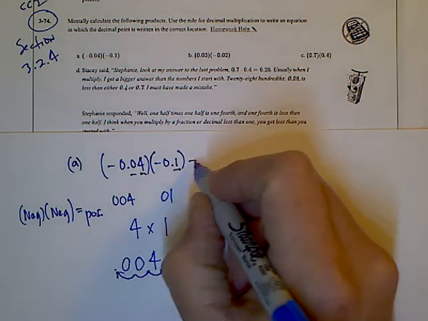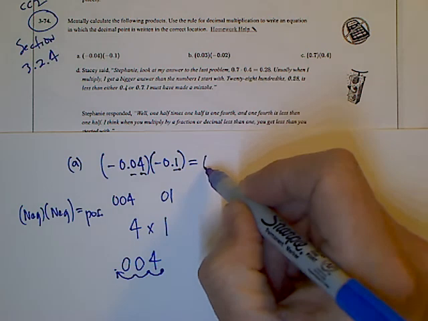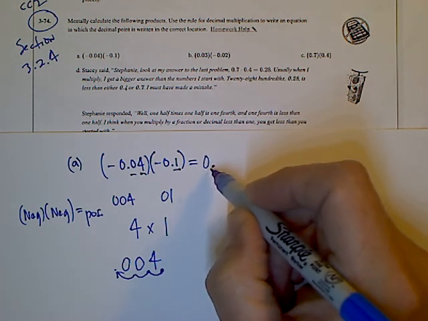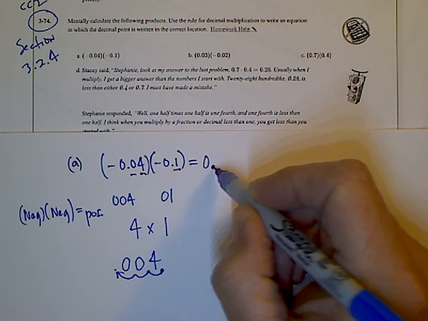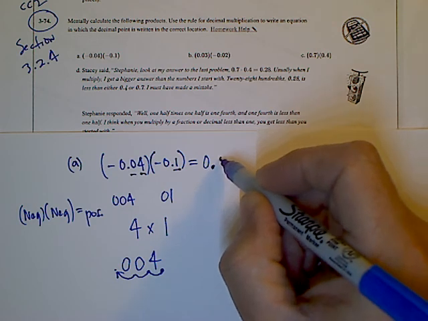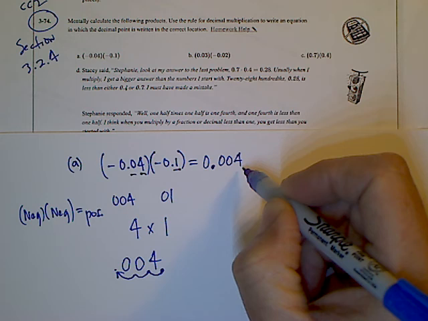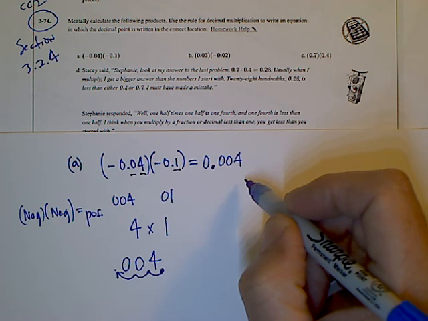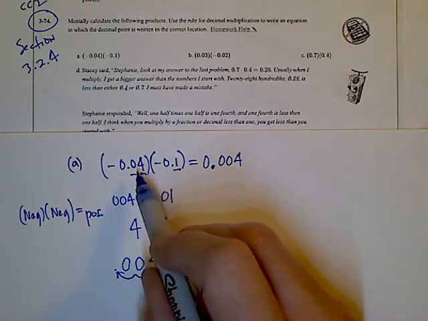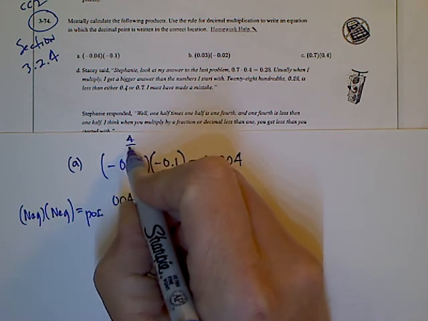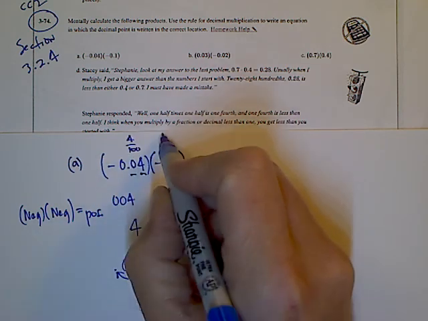So my answer is going to be 0.0, right? I always put a 0 in front of my decimal value. And then I have 0.004, which represents 4/1000ths. And that should make sense, because when I read this problem, I told you this was 4/100ths, and this was 1/10.